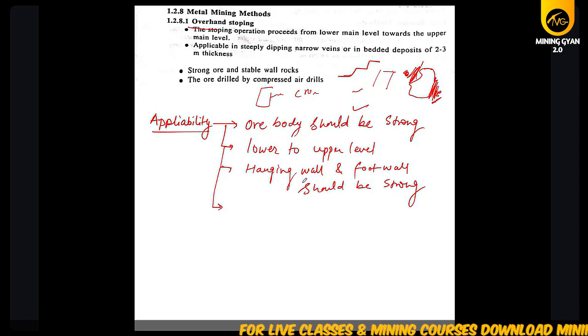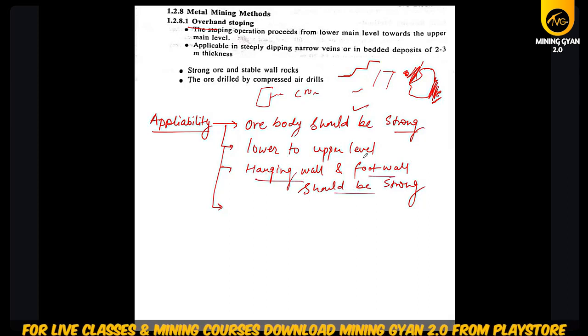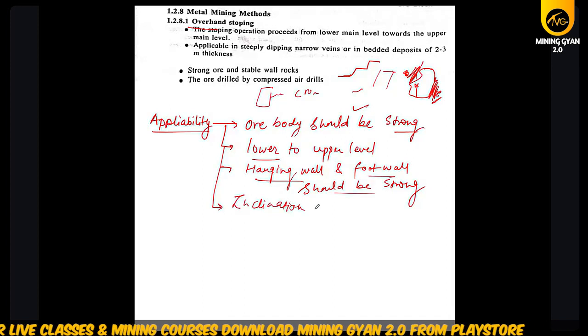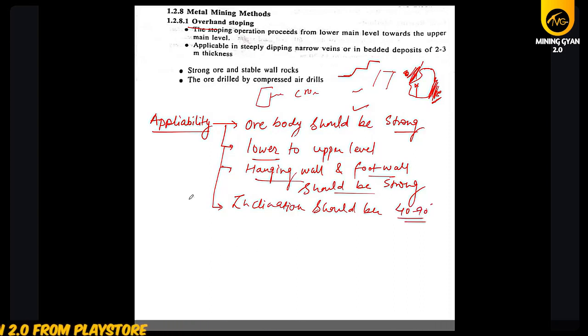So the ore body should be strong, and the hanging wall and foot wall should be strong. Then we will go lower to top. And in this, the inclination should be 40 to 90 degrees. Meaning, the ore body should be steep.